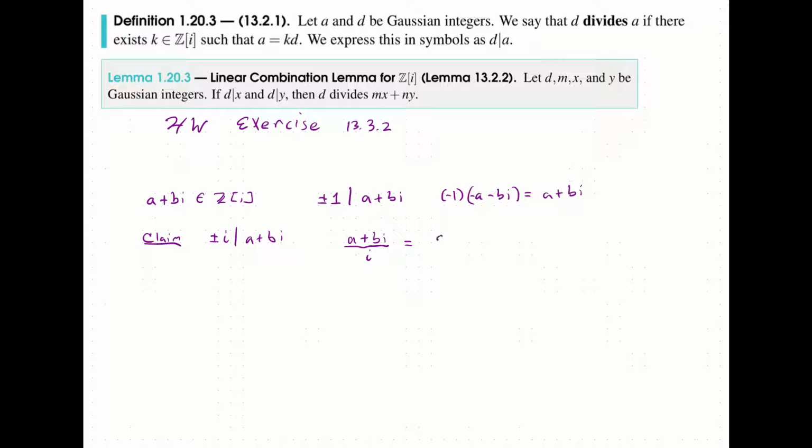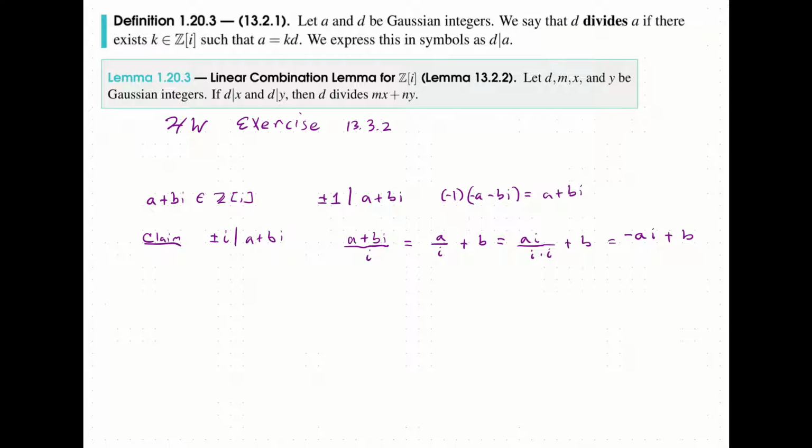And so this here will become a over i, and then we have plus b. But a over i, we can go ahead and rationalize that denominator. And so we multiply by i on both sides, so we're going to have a nice i squared in the denominator. And in doing so, we have negative ai, plus b. That was supposed to be just b. And so we have this here.